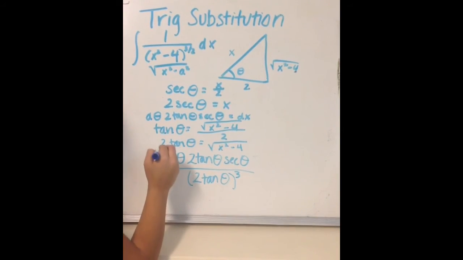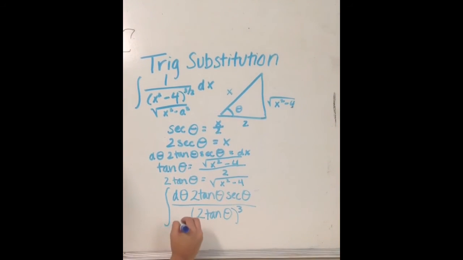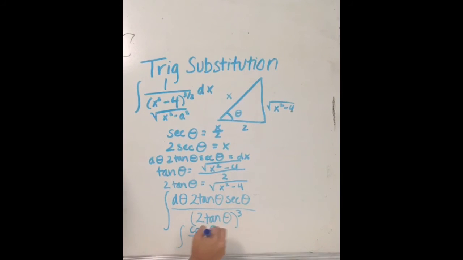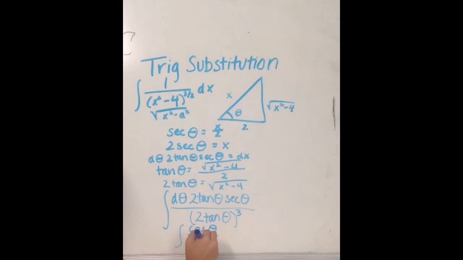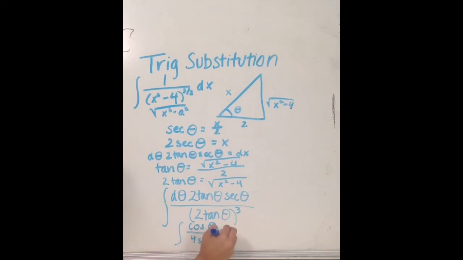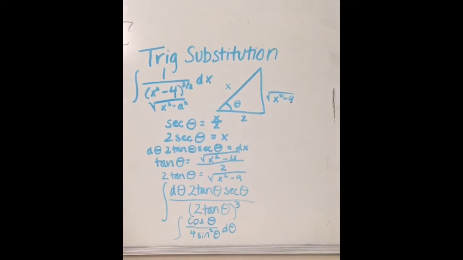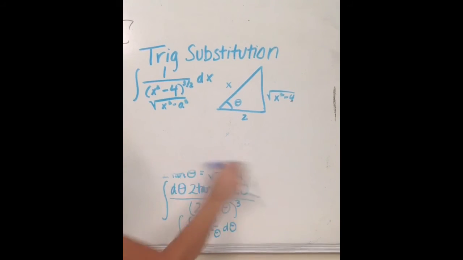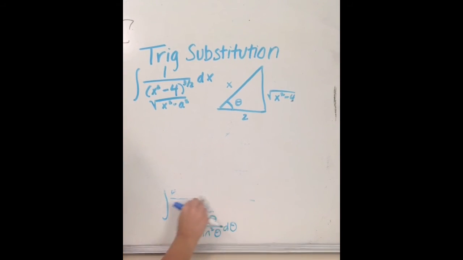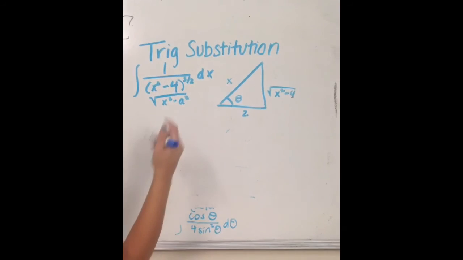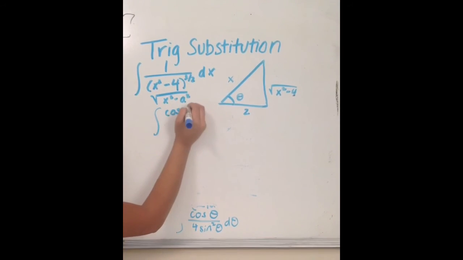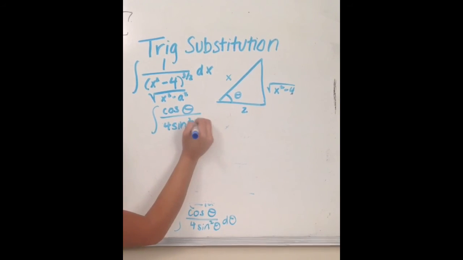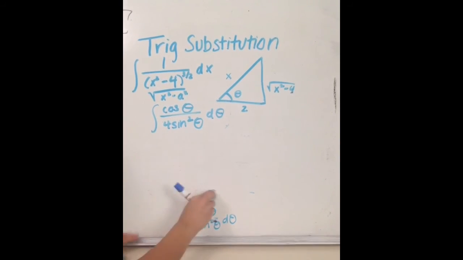I'm going to try to find that integral. So this simplifies to the integral of cosine of theta over 4 sine squared of theta d theta. So let me erase a little bit to have more space. I'll write this up here. Cosine of theta over 4 sine squared of theta d theta.